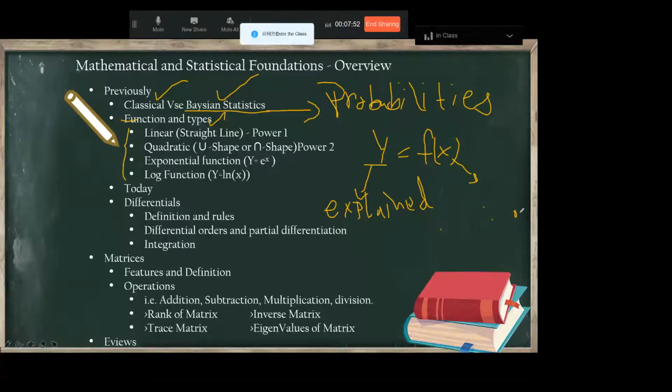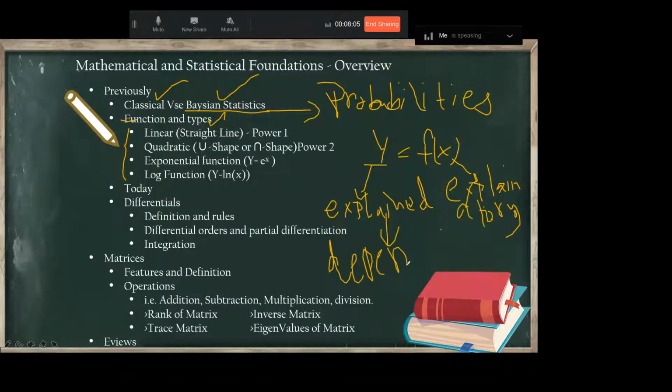So we can call x an explanatory variable, which is explaining y. Y is also known as the dependent variable, and x is the independent variable.